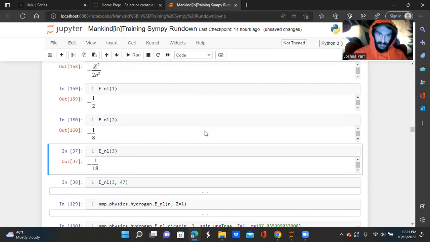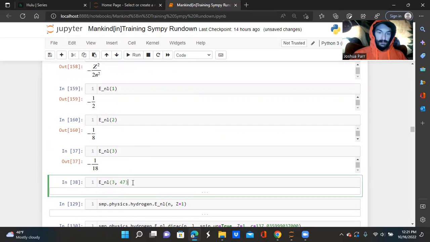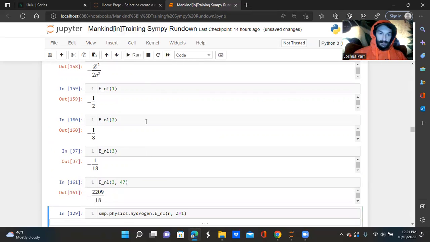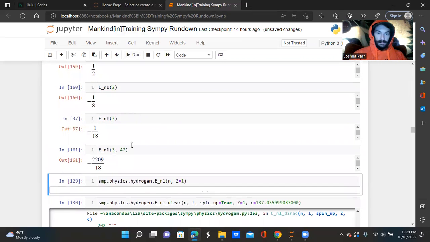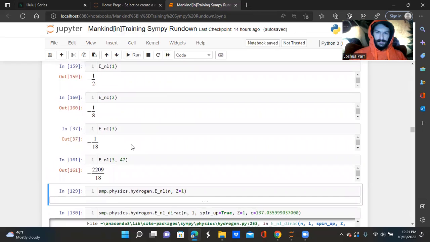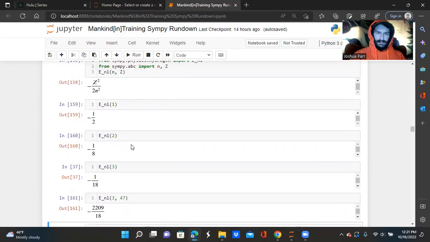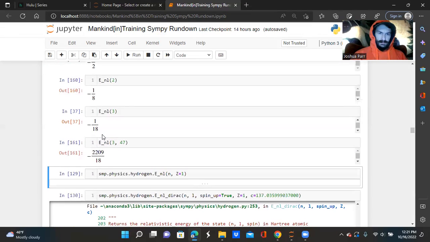And if I want to find it at 3, it is negative 1/18. If I want to find it at 3, but I want to use the atomic number 47, bam. I believe 47 is silver? Yeah, instead of that.